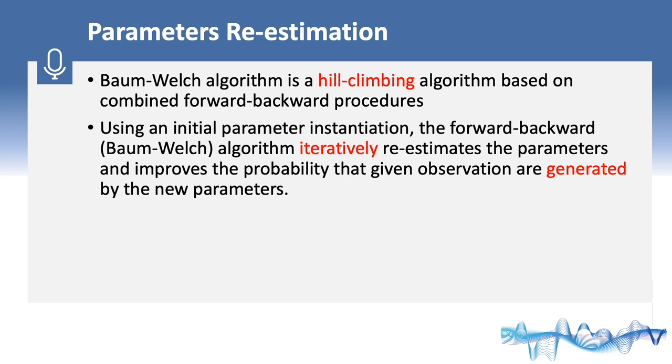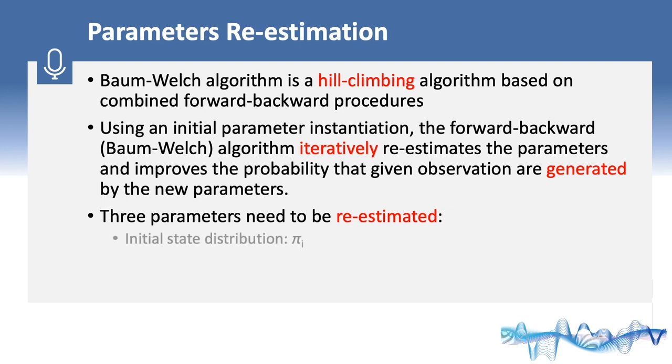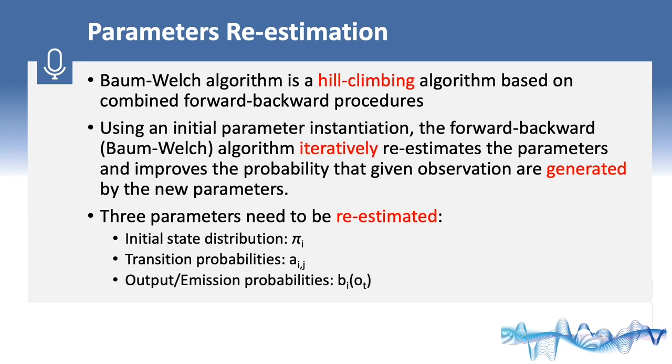The forward-backward Baum-Welch algorithm iteratively re-estimates the parameters and improves the probability that the given observations are generated by the new parameters. 3 parameters need to be re-estimated: initial state distribution pi, transition probabilities a_ij, and output emission probabilities b_i(o_t).